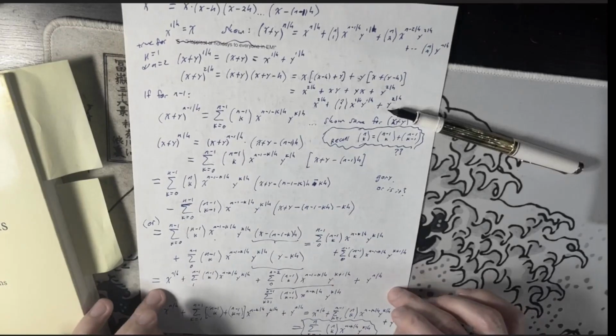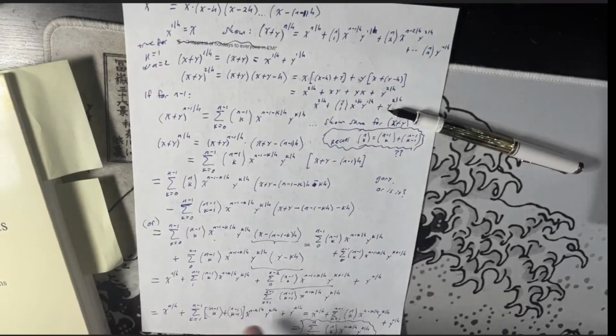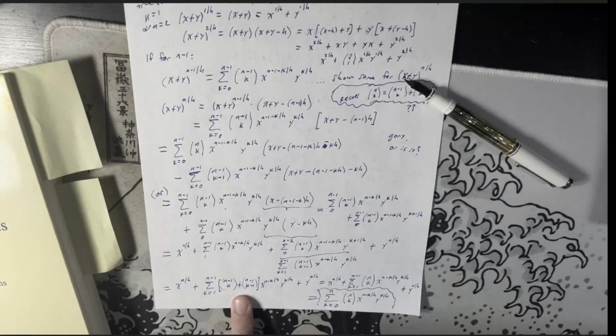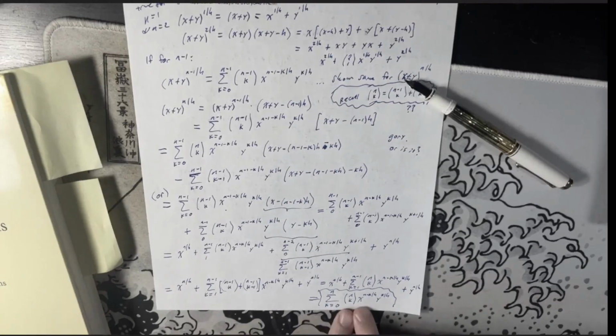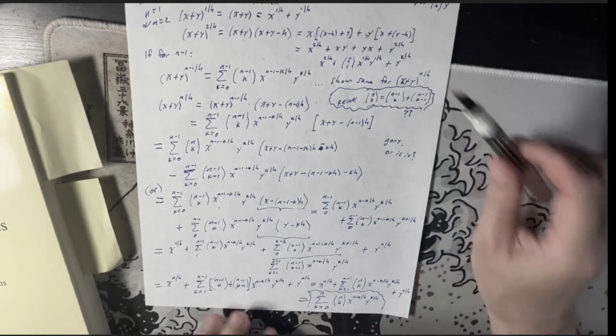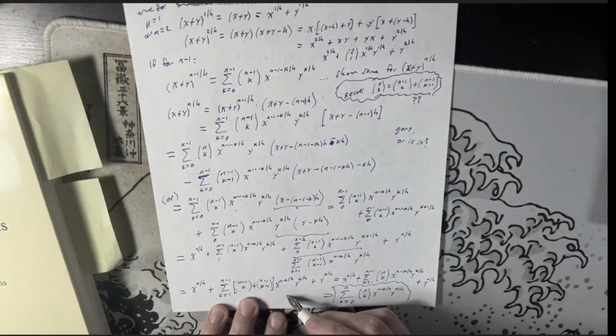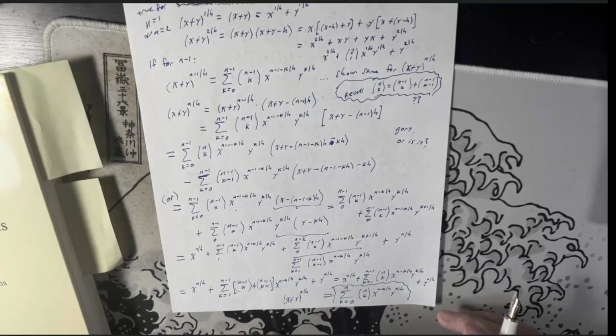If you pull those out, suddenly you can re-index, and then you get that, which looks awfully familiar. So you can upscale that too, and boom, that's the end of it. So that's a formula for x plus y to the n given h.